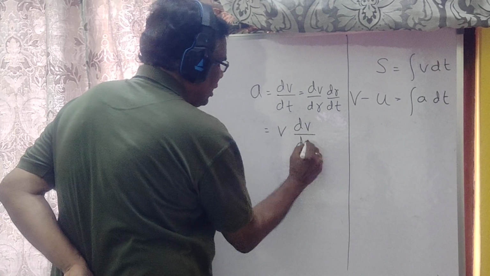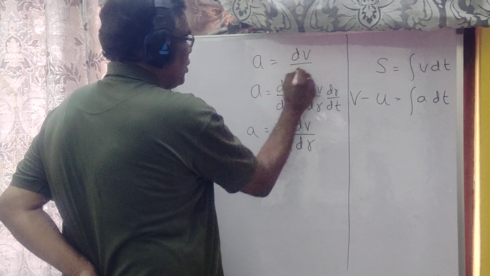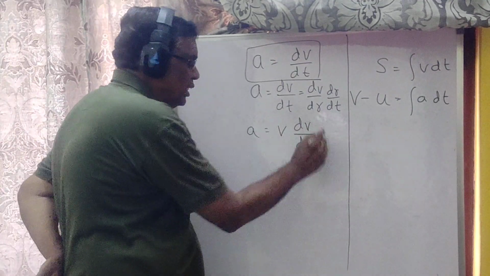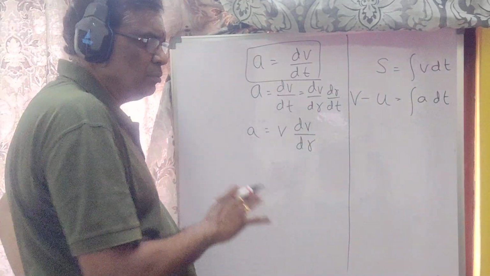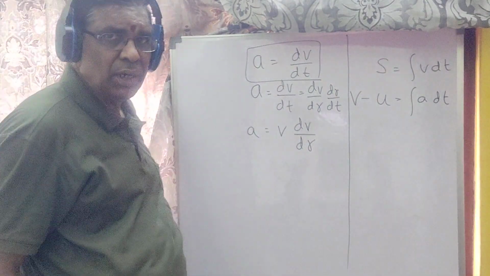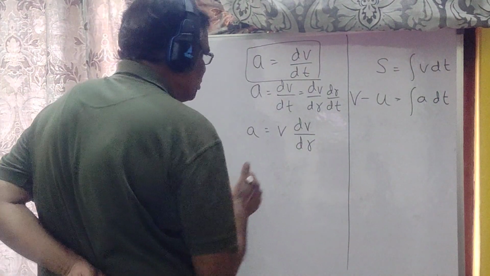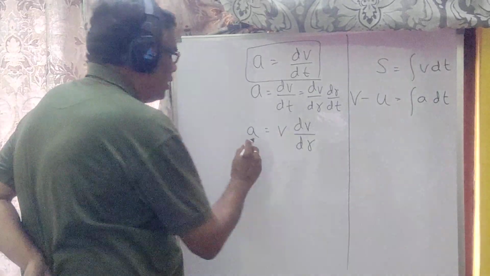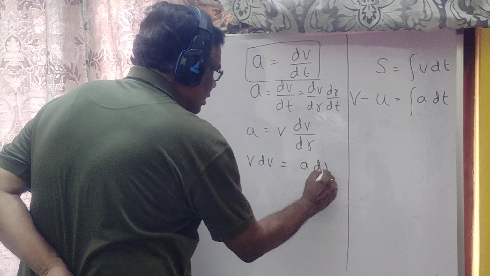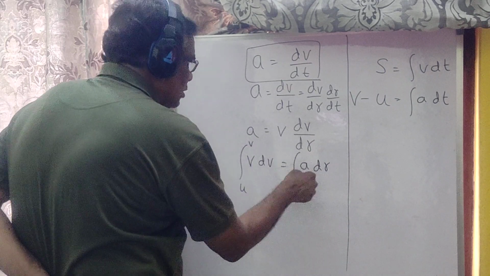So I can write this as, now always remember, a you can write in two ways, dv by dt, the other one is v dv by dr. Most fundamental, any time during your course of study, you should always remember this. Like the way you remember those two tables whenever you're asked to give those values. So a is equal to v dv by dr. Alright? Now I rewrite this as integral a dr as before, with the same limits.